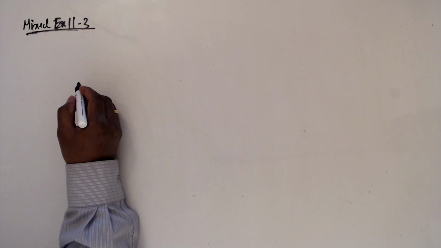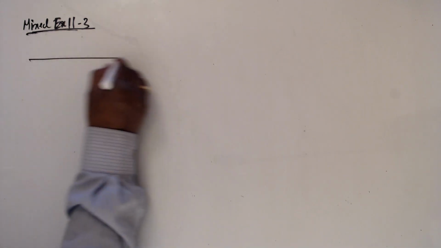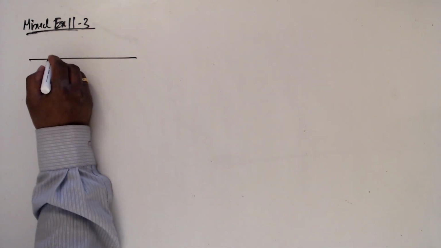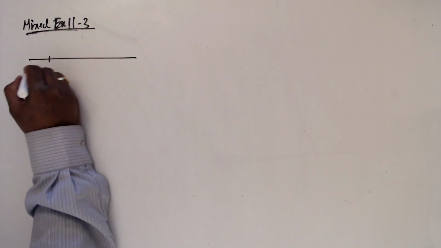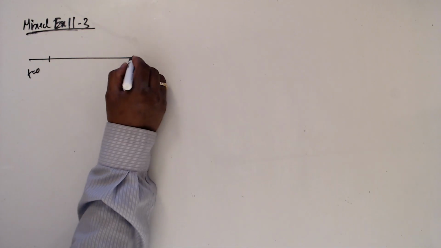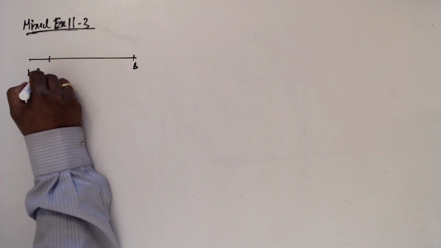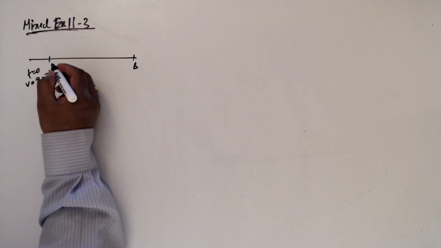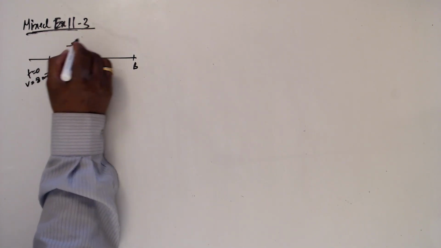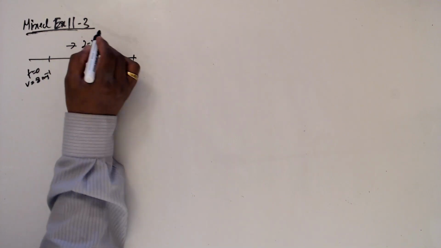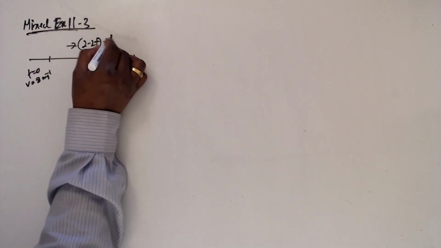Question number 3. A particle P is moving in a straight line from point A. When t equals 0, v equals 8 ms minus 1, and the acceleration is given as 2 minus 2t ms minus 2.